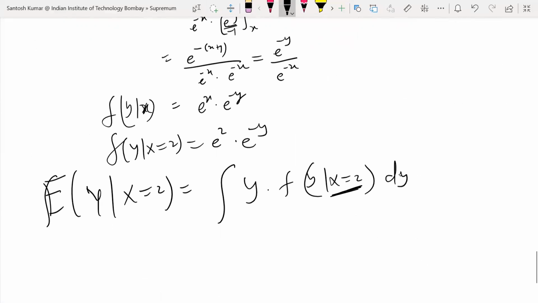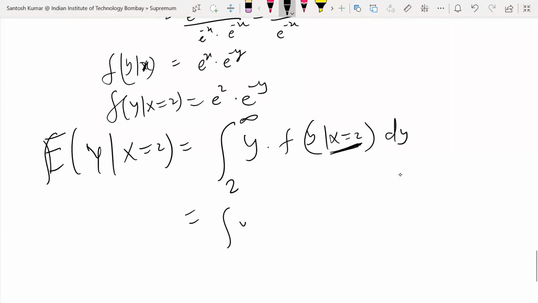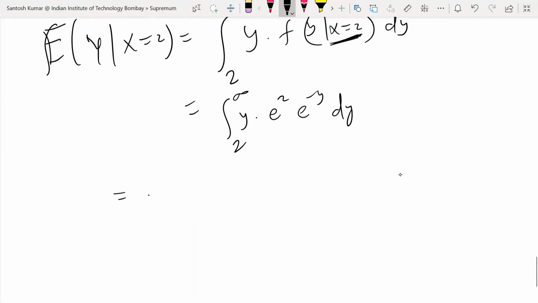And x is given as 2. So y is from 2 to infinity. So finally we get y times e square e raised to the power minus y dy, limit 2 to infinity. So e square will come out.